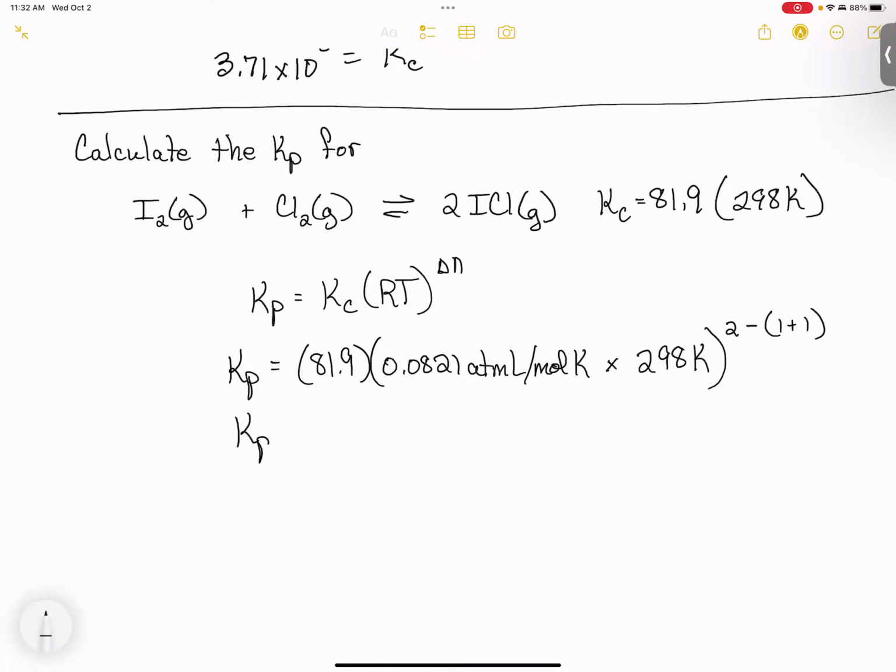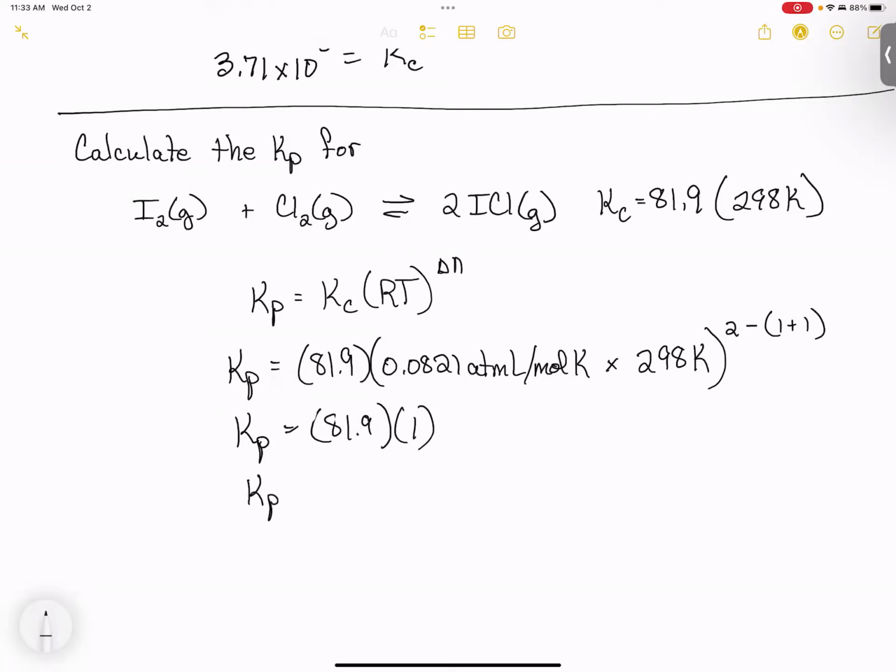So the Kp is equal to 81.9 times, well, 2 minus 2 is 0, and anything raised to the 0 is equal to 1. So technically this is multiplied by 1.